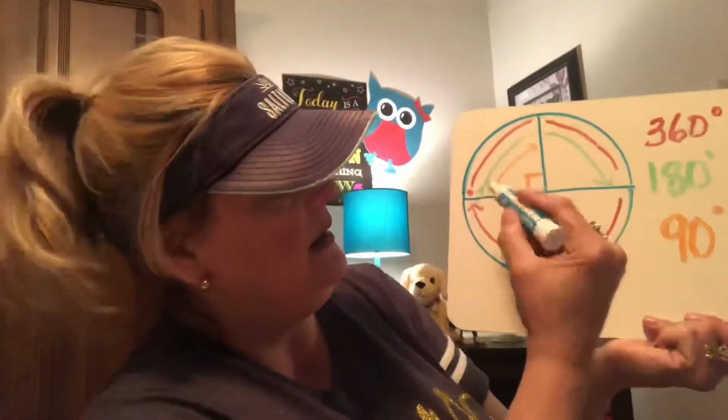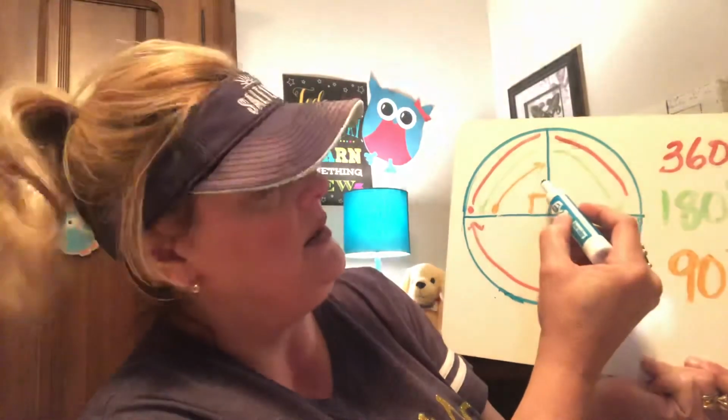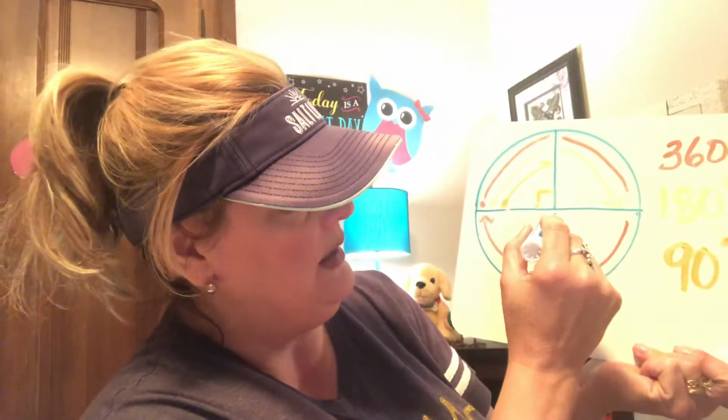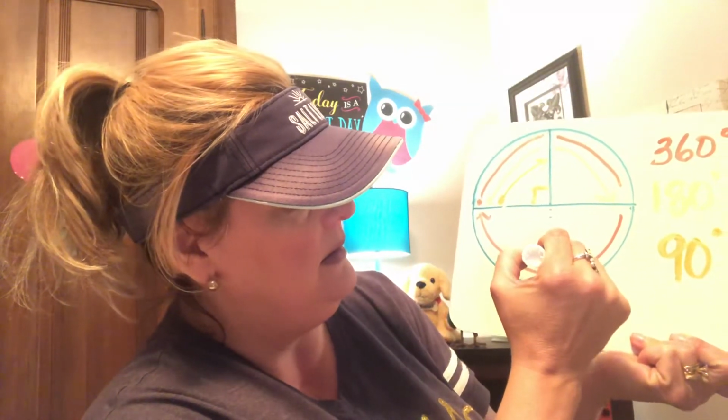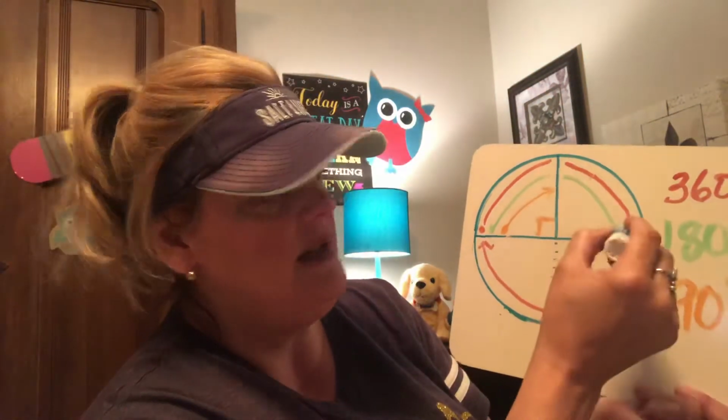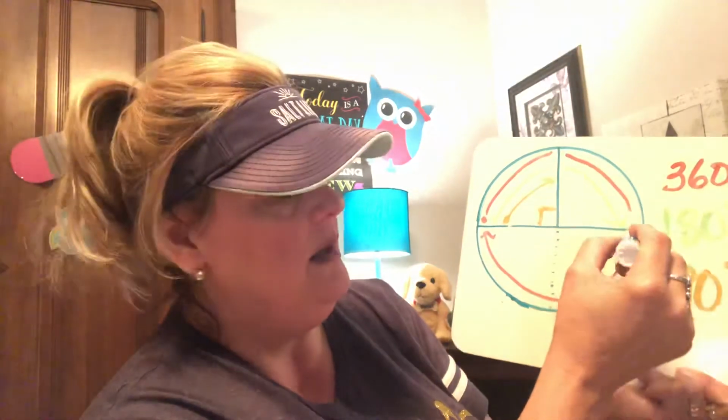Okay, so we know that if that's 1/4, that's 90 degrees, and this is 1/4, that's 90 degrees, well, it would only make sense that that's a quarter and that's a quarter, okay? So 90 degrees plus 90 degrees, 180, plus another 90 degrees, or what's 9 times 3? Yes, 27, we're gonna add our 0, so it's 270 degrees.